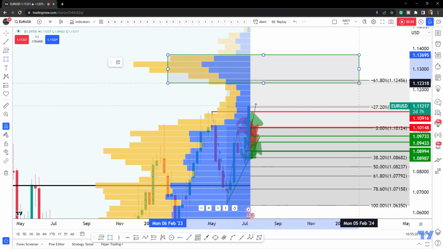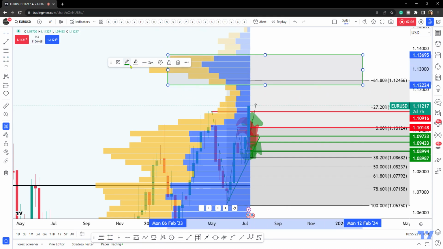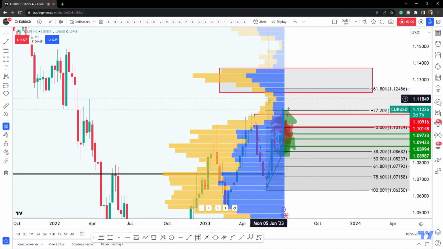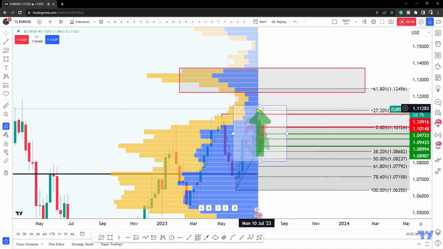Okay, so up in here. So we've got sort of a void of liquidity between here and there, which would suggest that this could continue up.